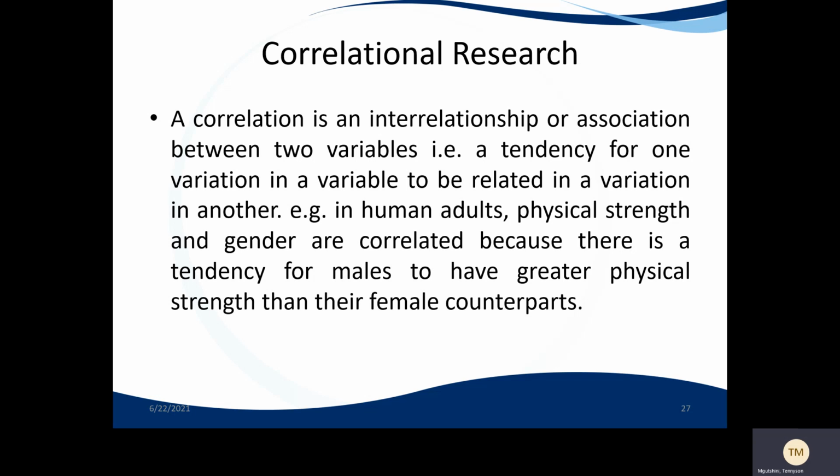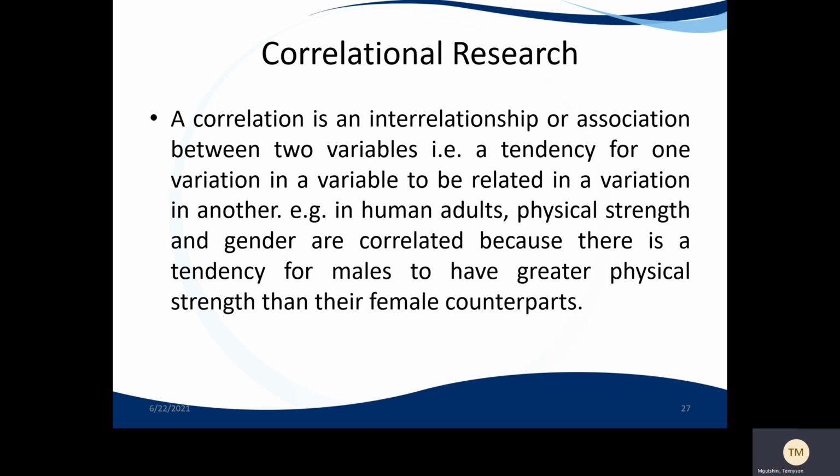So correlational research, it's research that's interested in understanding the interrelationship or association between two variables. So if you are interested in two variables, then that is a correlation.